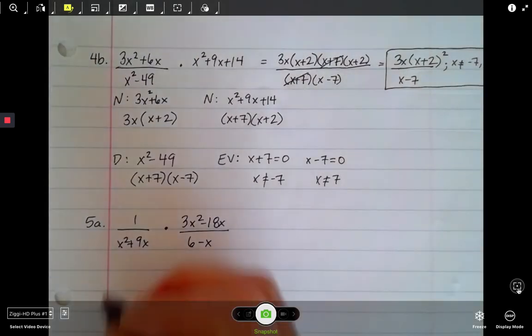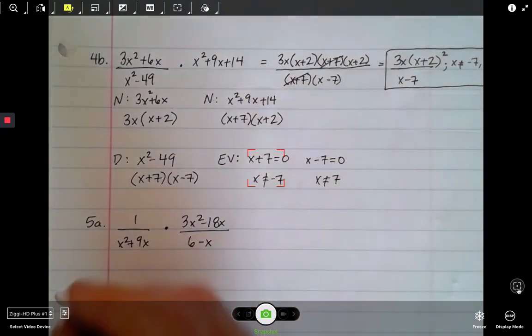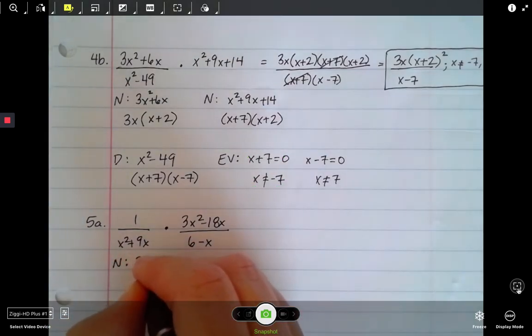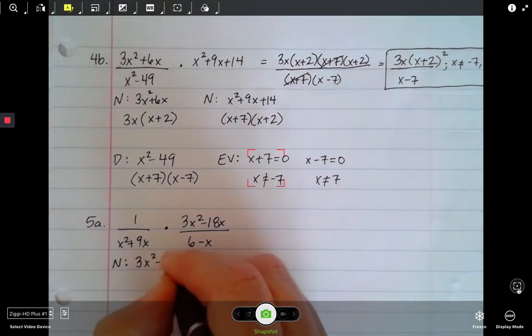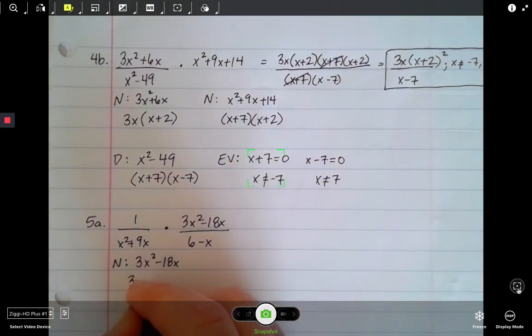So we're going to do the same thing here. We're going to factor. So my numerator 1, there's nothing to factor. Numerator 2, I've got 3x squared minus 18x. Factor out a 3x, and I'm left with x minus 6.